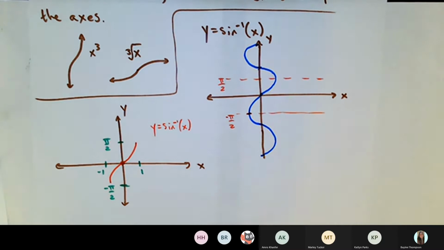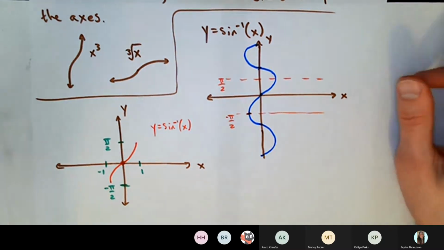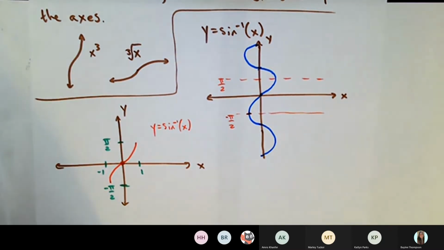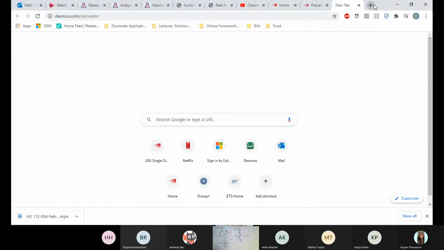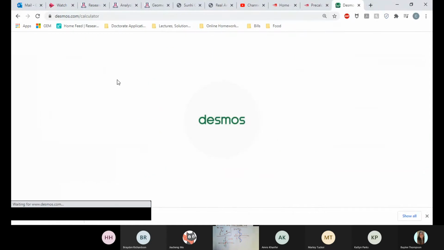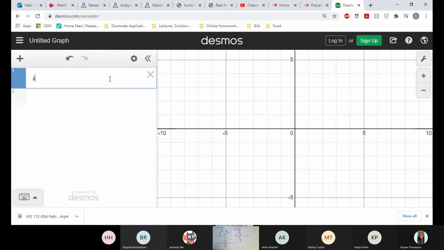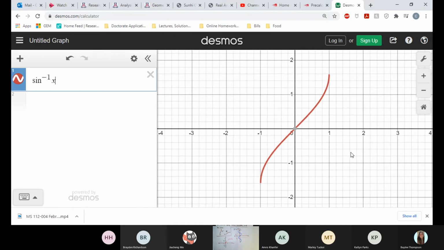Cosine inverse is going to be similarly defined, but let me go to Desmos. All right, Desmos. Let me just show you a sine inverse function. Yeah, there it is. See, it really is. That's seriously all it is.